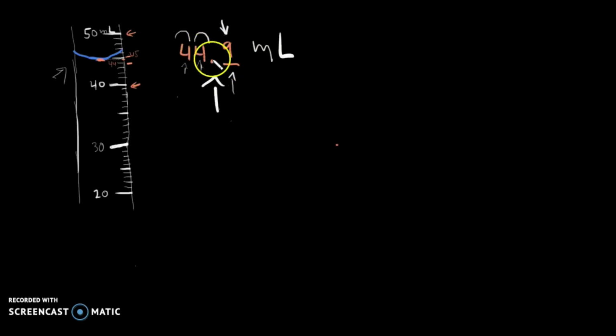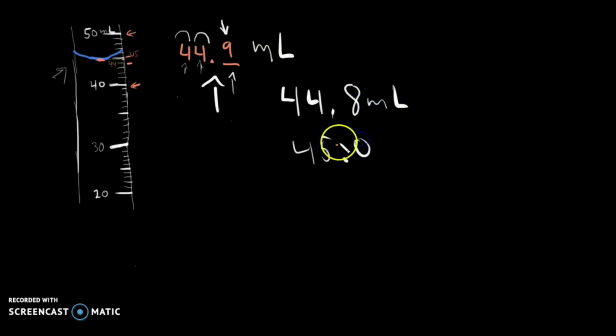So significant figures tell me that whatever number I have written down, the last digit is the one that can vary. So this 44.9 might not be 44.9. It could be 44.8. It could be 45.0. It could be maybe 44.95.